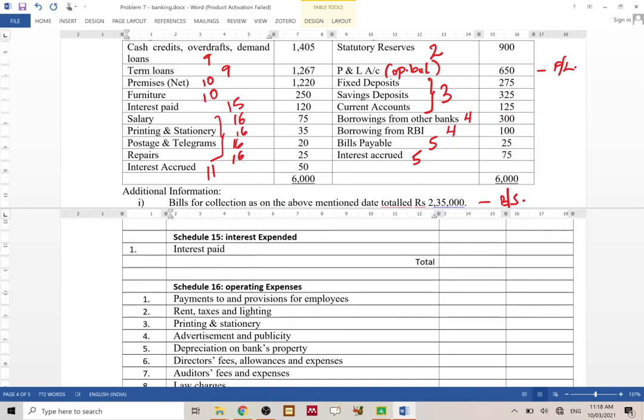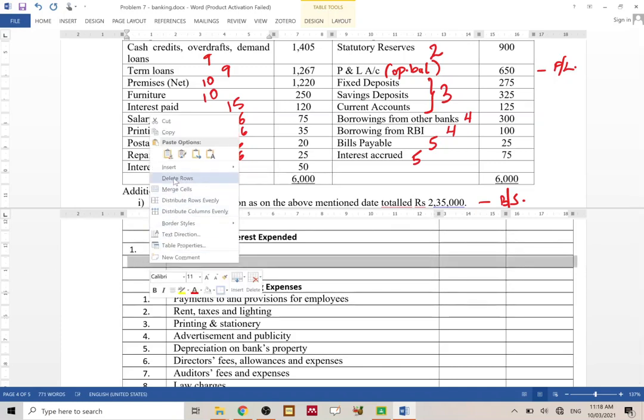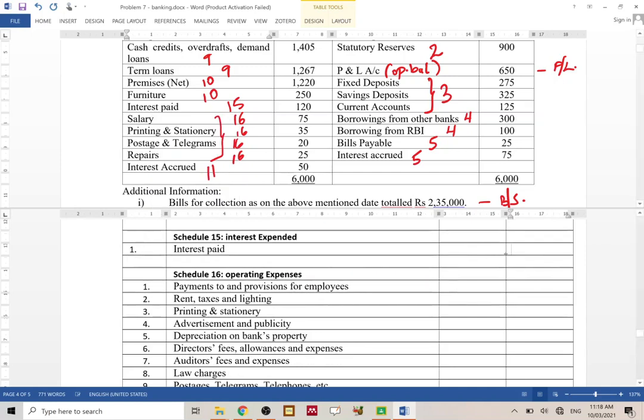Amount is 120. There is no total given twice, so I just write the amount in the outer column. Interest paid 120. Done.